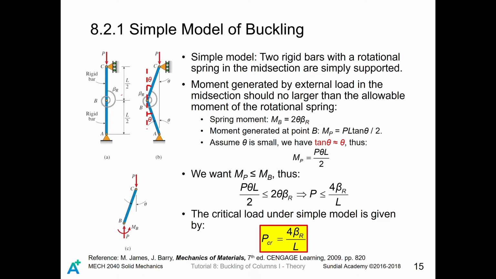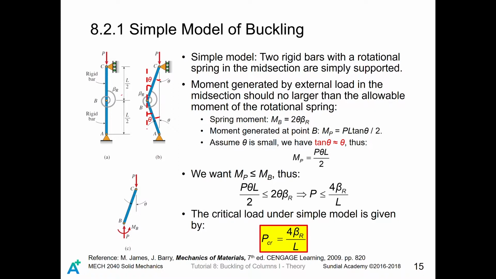Even though we measure 1 theta here, by alternating angles of those two parallel lines, we can see here is theta, here is a theta, and the total deflection of the spring is given by 2 theta. So eventually the spring moment is given by 2 theta beta r.